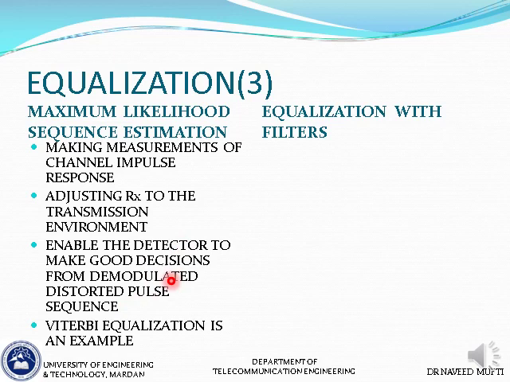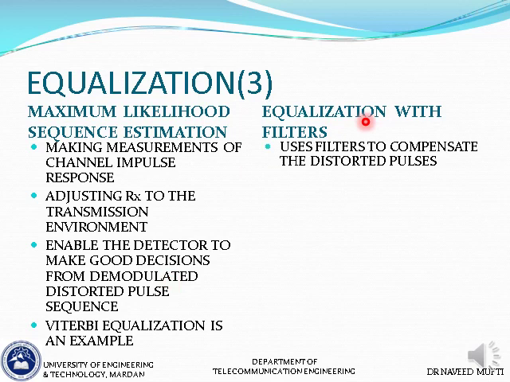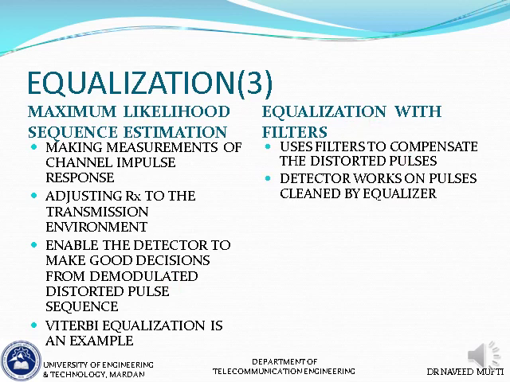Now coming to the second type, the one we are more familiar with and the more popular one: equalization with filters. As the name suggests, it uses filters to compensate the distorted pulses. The detector in this case works on pulses which are cleaned by the equalizer. The equalizer processes the distorted pulses to remove or reduce the distortion, and then passes them on to the detector.